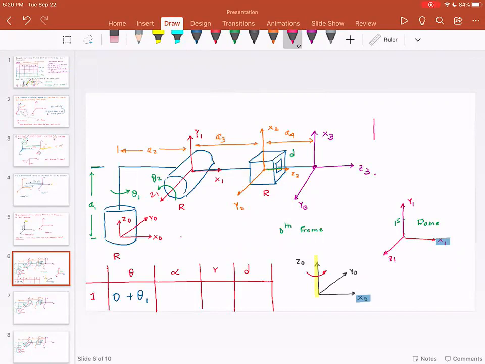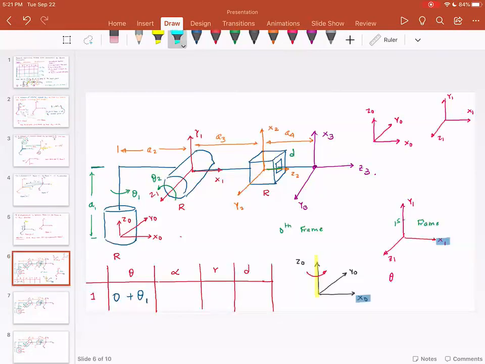So this is Z0, this is for theta, x0, y0, z0, and here it is x1, y1, z1.